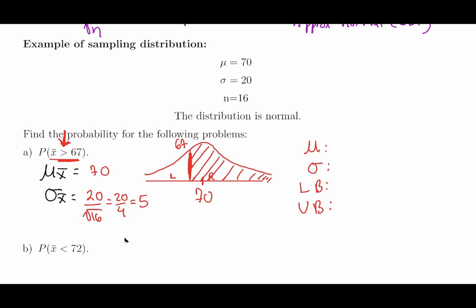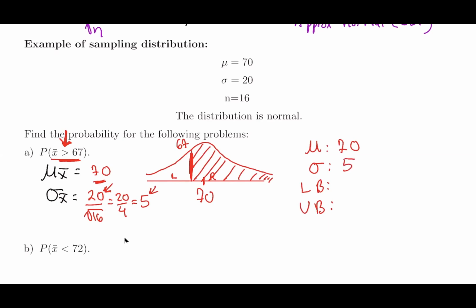For mu, we said 70, so you put 70. For sigma, you don't want to put this sigma. You want to put this new sigma, what sigma of x bar is equal to, so we're going to put 5.